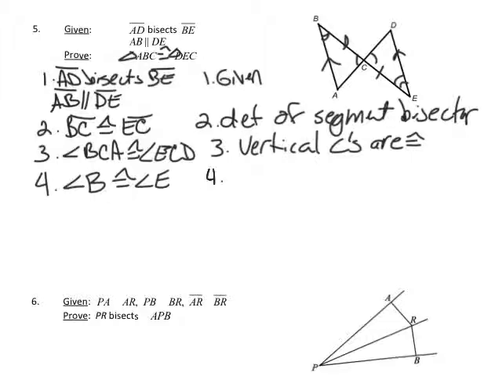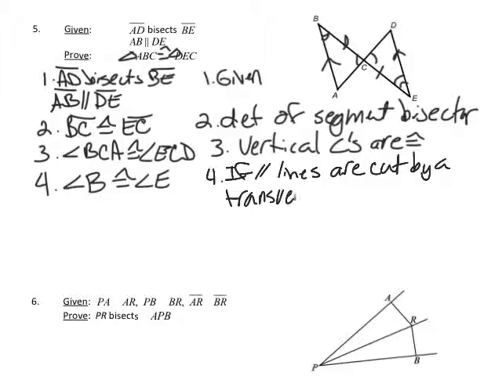Here's my reason. If parallel lines are cut by a transversal, alternate interior angles are congruent. You have to write that whole thing.